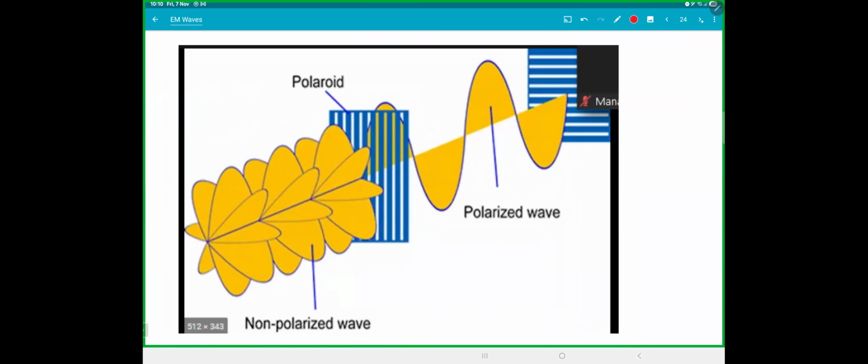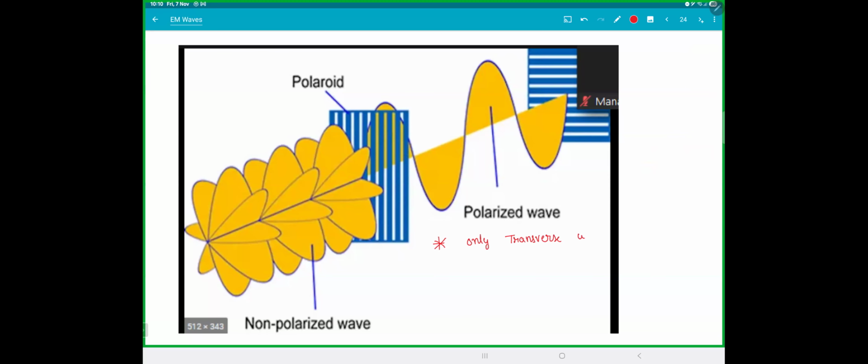So this is a property of our transverse waves. This was also a question in the exam: how do you differentiate between a transverse wave and a longitudinal wave? Because they have all the same properties. Both of them create beats, both have stationary waves, every property is the same. Only transverse waves undergo polarization. Why is that? In a longitudinal wave, how will the particles oscillate? In and out. So if you make a slit, it will always pass through. It doesn't matter how you keep the slit, it will always pass through.